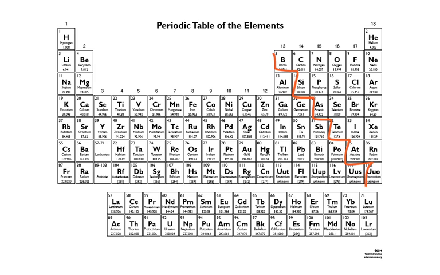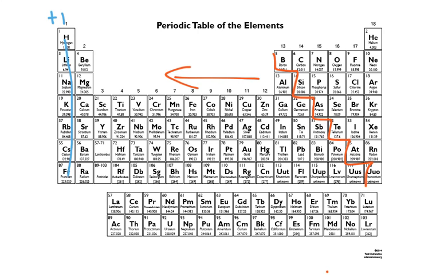Everything on this side of the staircase is going to be a positive ion. So we just said sodium becomes a plus 1 because it loses 1 electron. Well, think about it for a second. These guys right here all have 1 valence electron. So believe it or not, everything in this column is going to become a plus 1 ion.